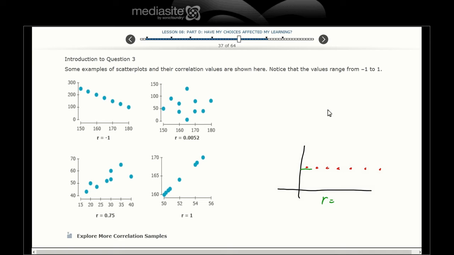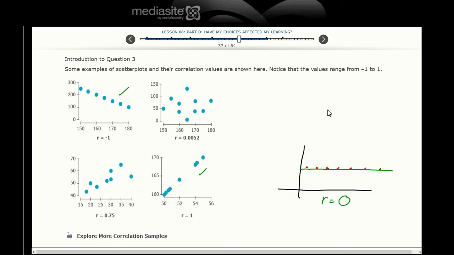I can draw a perfect line through it all. This one's -1. This one's +1. What would that one be? You know what it's going to be? That's going to be 0.